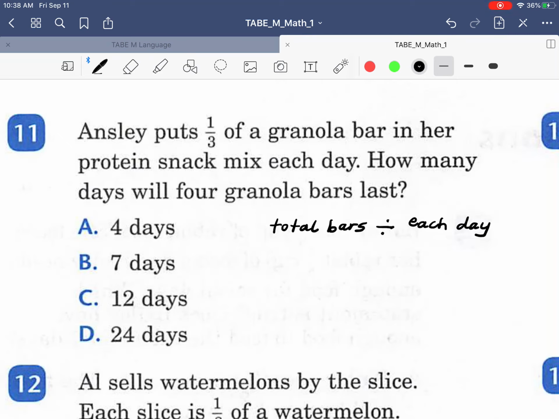So she has 4 bars, and each day she uses a third of a bar. So 4 over 1 times 3 over 1 is 12 over 1, or 12.